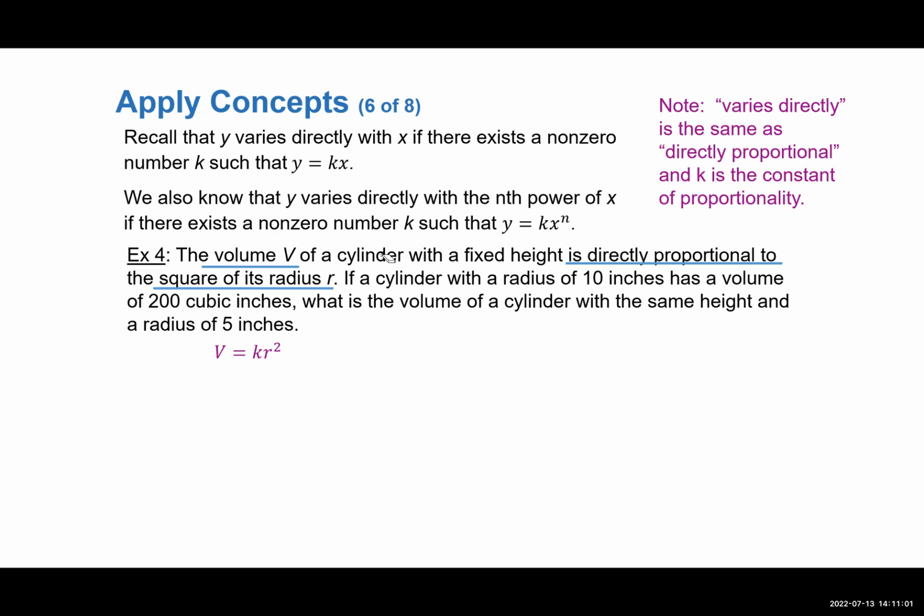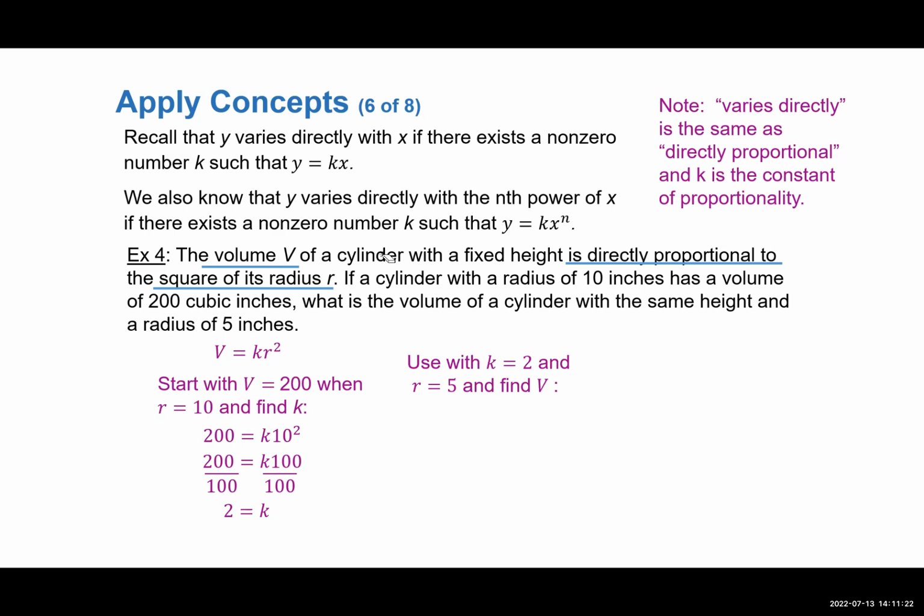Then we have some values. It says the radius of 10 has a volume of 200. So V equals 200, radius equals 10. Let's find our k. So 10 squared is 100. If you divide by 100 on both sides, we get k equals 2. So now we can write our equation knowing our k.